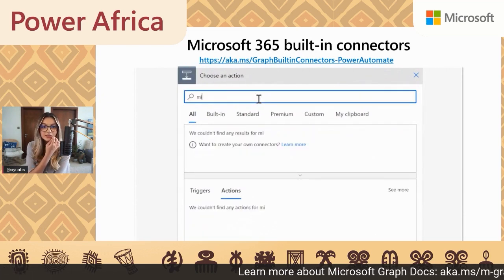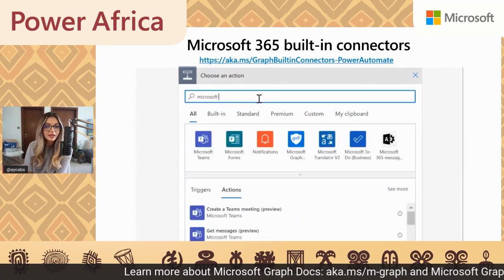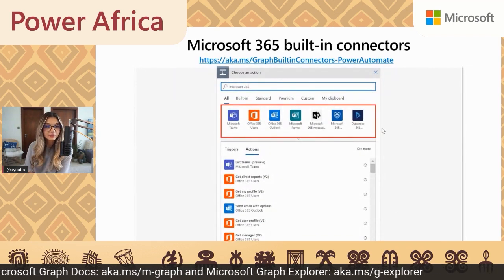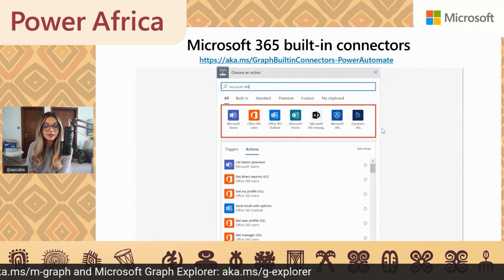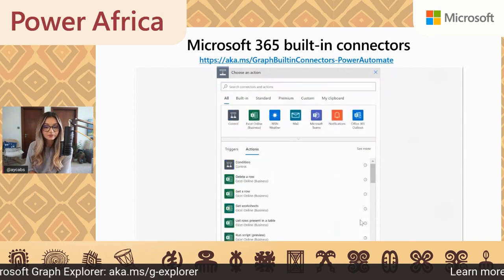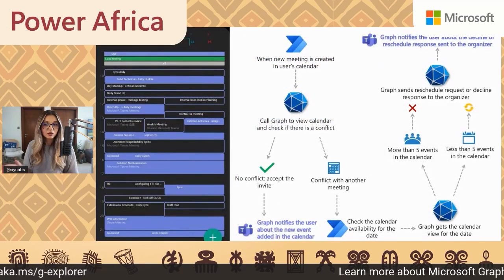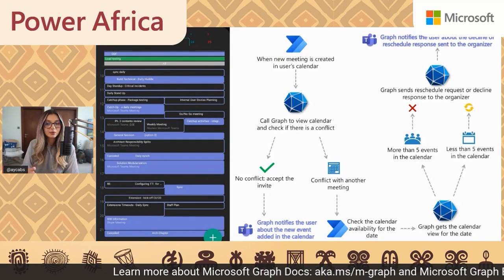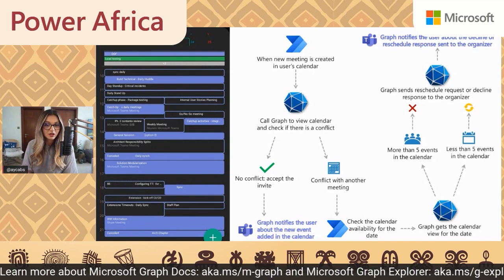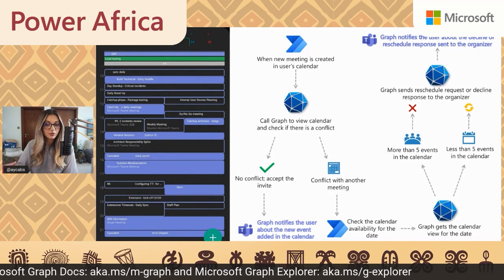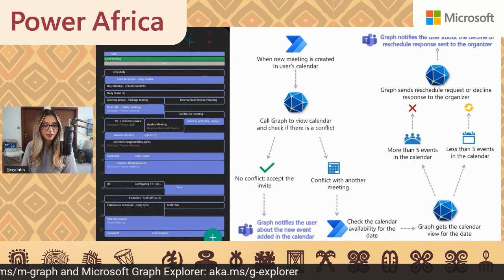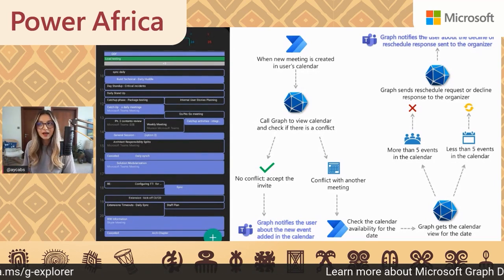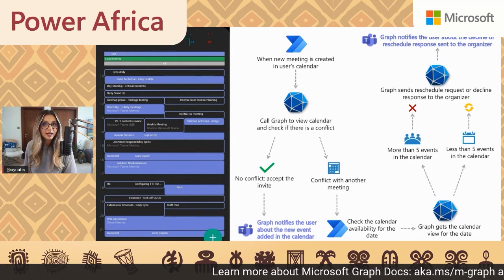If you are interested in seeing real life scenarios, there's one from me, which is if you go to aka.ms/graph building connectors Power Automate, you will be directed to this scenario. So on the left side, it's actually my own calendar from my previous role as a consultant, because all of us are working with our customers or in our team and on a product. Let's say we have a lot of meetings during the day already, and they are recurrent.